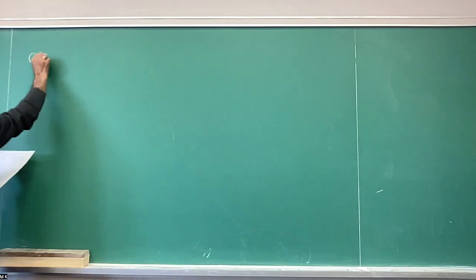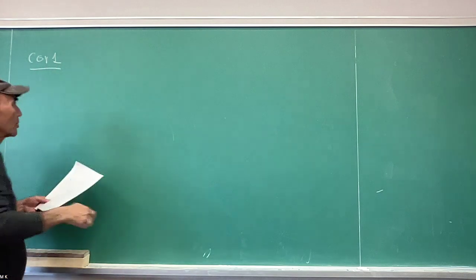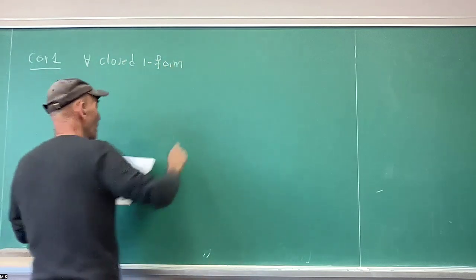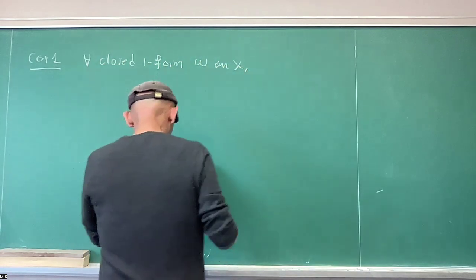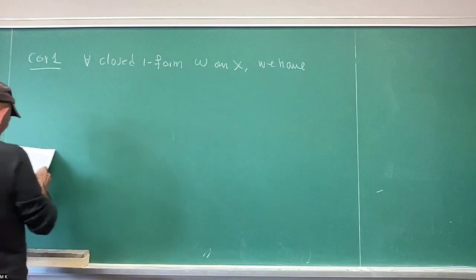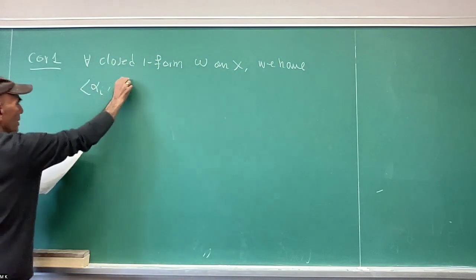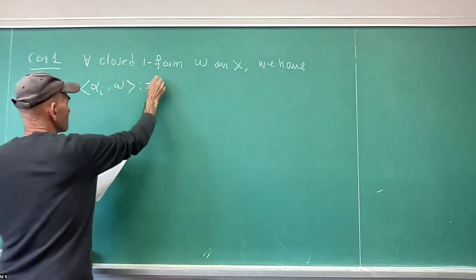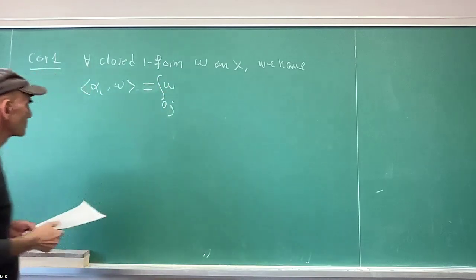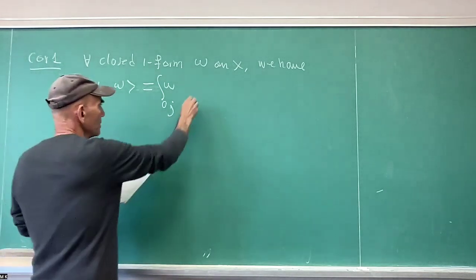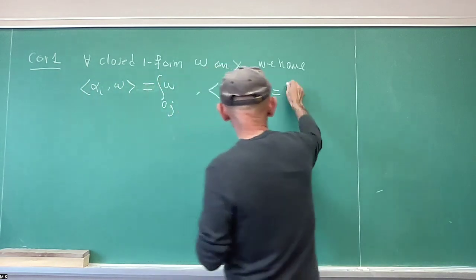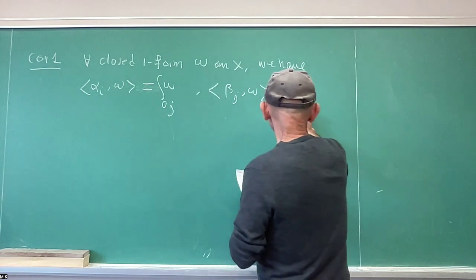Corollary 1, for example: for any closed one form omega on X, the pairing of alpha_i and omega, which is by definition the double integral, let me write this statement, is equal to the integral of omega over a_j, and the pairing between beta_j and omega is equal to the integral of omega over b_j.